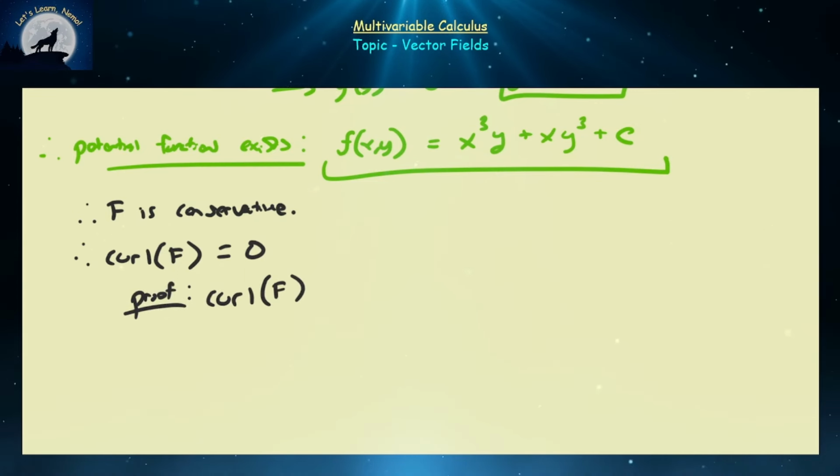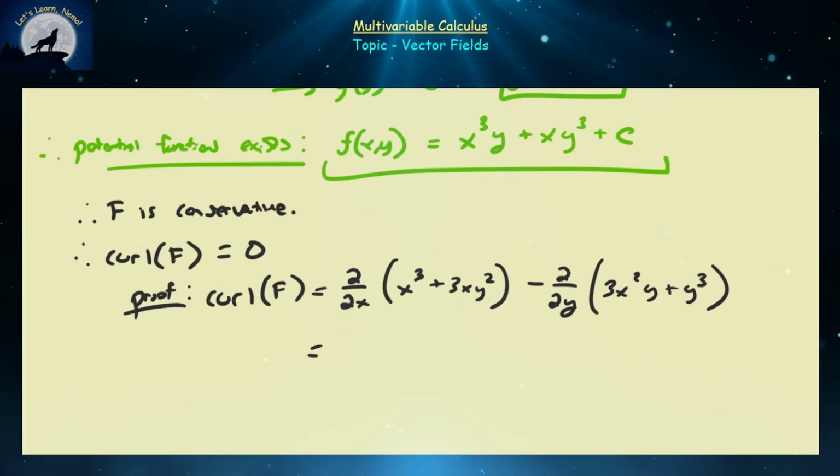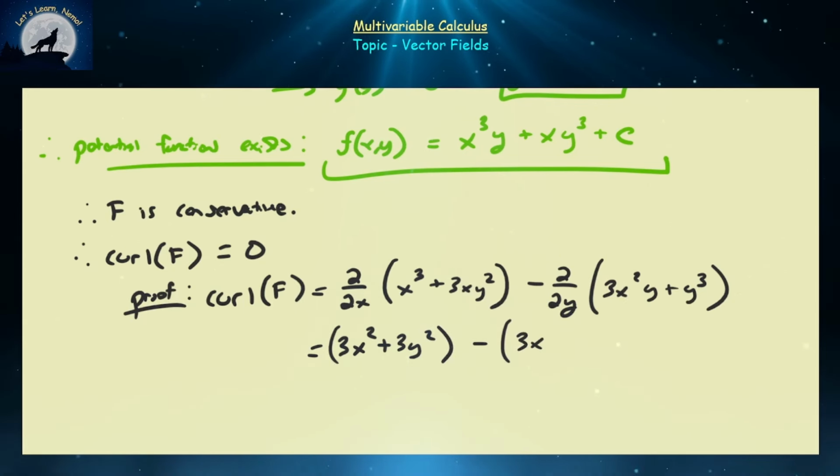The curl of f is going to be equal to the partial derivative with respect to x of x cubed plus 3xy squared, minus the partial derivative with respect to y of the first component, 3x squared y plus y cubed. So what's that going to be? 3x squared minus 3y squared, and then minus, with respect to y, that's going to be 3x squared plus 3y squared.